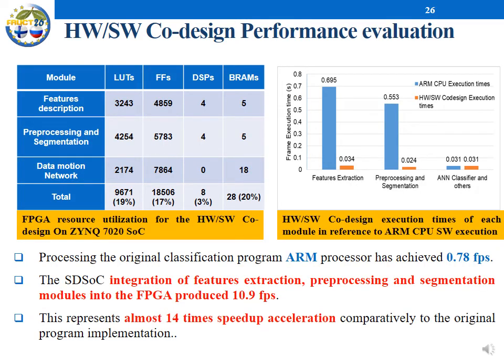The hardware-software co-design performance evaluation is given in the tables here. The first table shows the FPGA resources utilization for the hardware-software design, and the second table shows the hardware-software co-design execution time of each module in reference to the ARM CPU software execution.